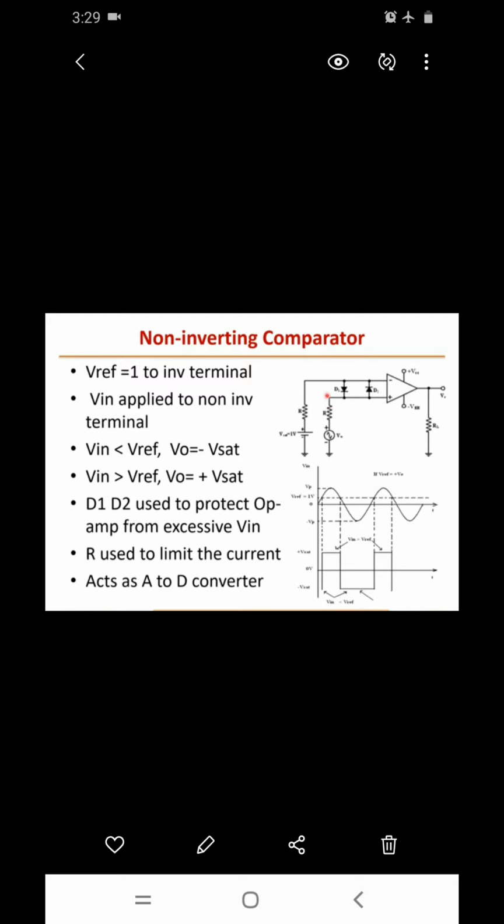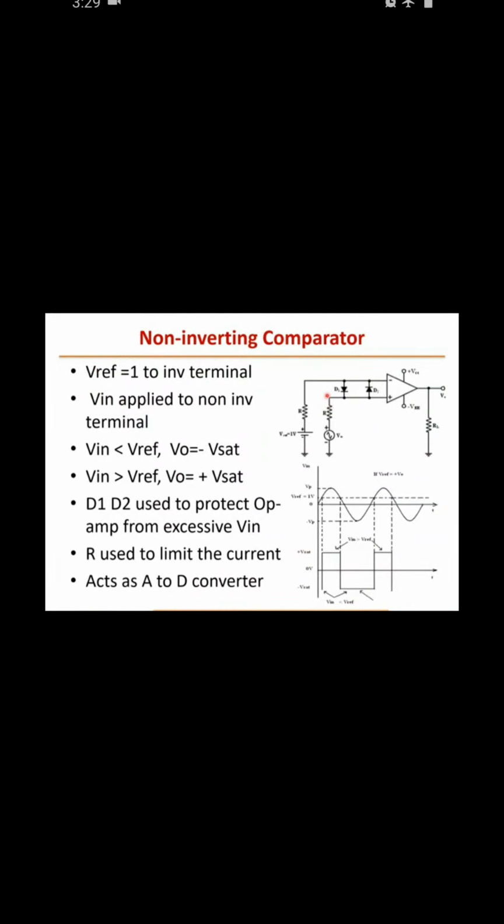A fixed reference voltage VREF of 1 volt is applied to the negative input, and another time varying signal voltage Vin is applied to the positive input, that is, to the non-inverting terminal. Because of this arrangement the circuit is called a non-inverting comparator.